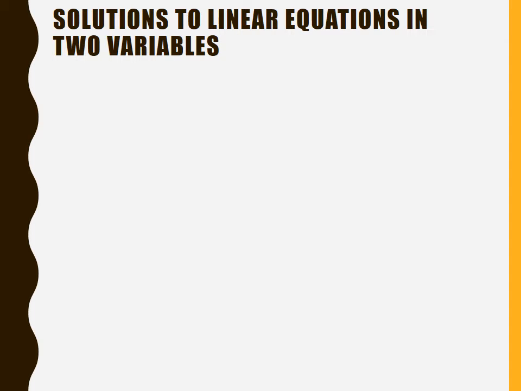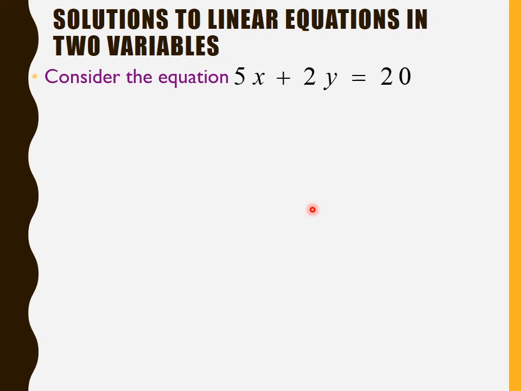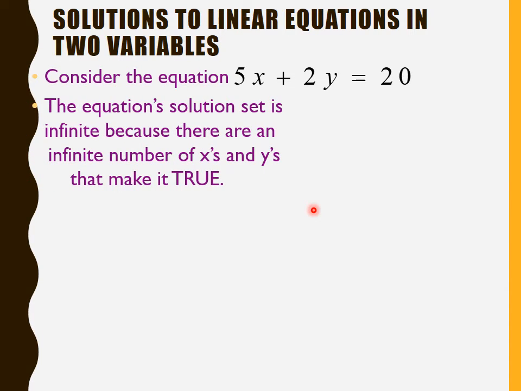Solution to linear equations in two variables. Let us consider the equation 5x plus 2y equals 20. The equation's solution set is infinite because there are an infinite number of x and y values that make it true.